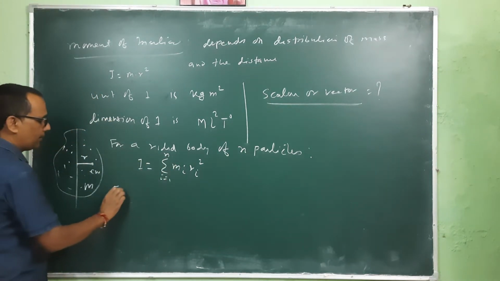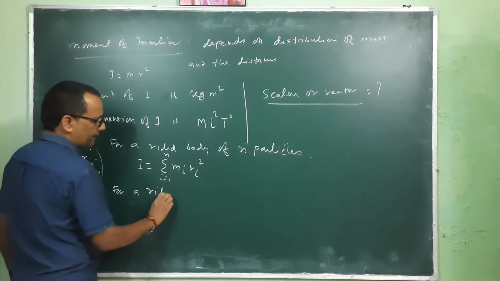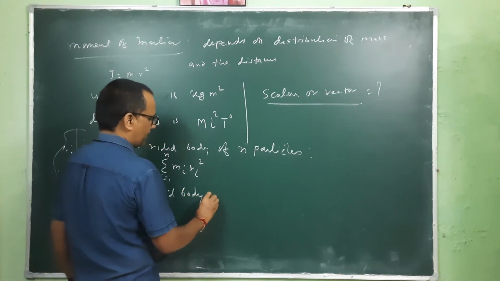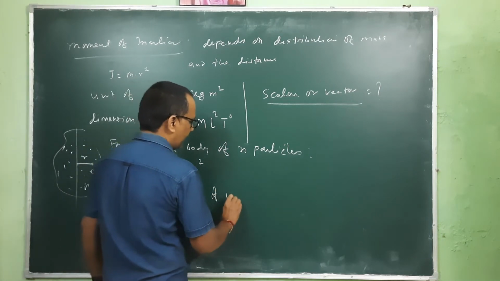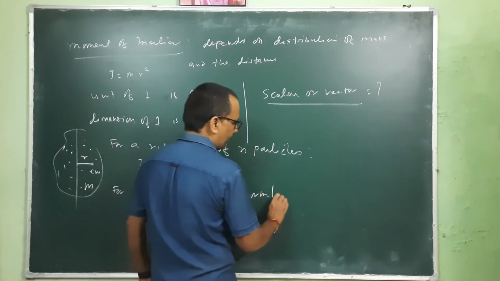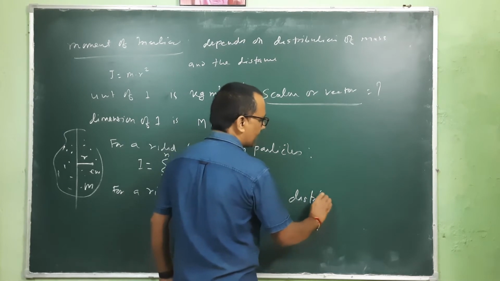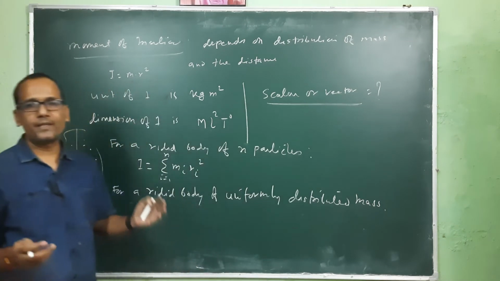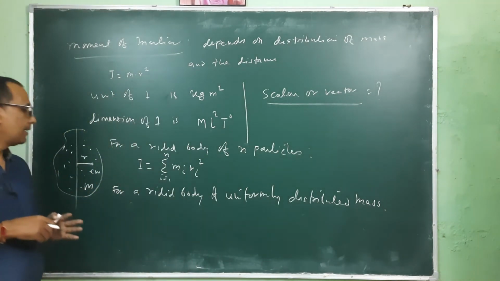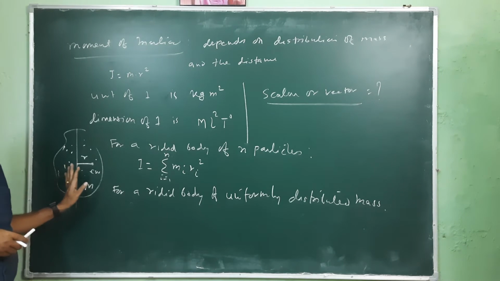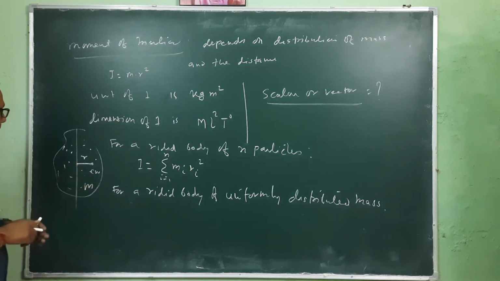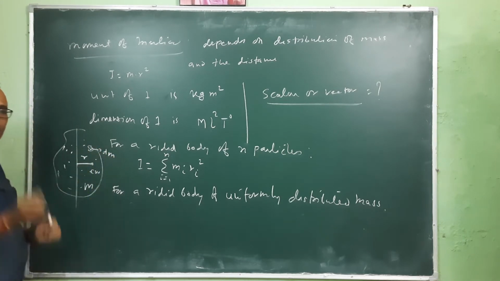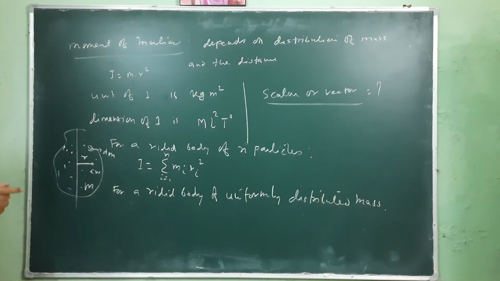And for a rigid body of uniformly distributed mass, if we are taking one rigid body in which the mass is distributed uniformly, then we just take one small segment, that is dm, a small part, and we integrate this.